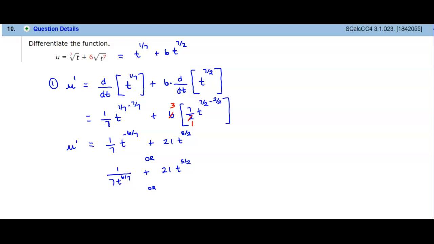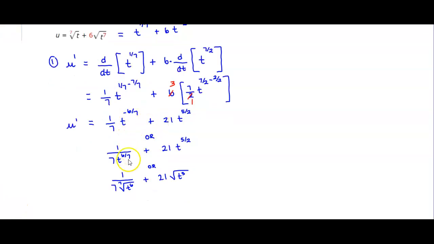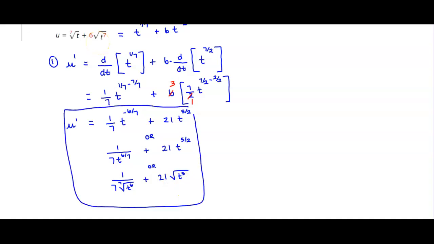So this would be 1 over 7 times the 7th root of t to the 6th plus 21 times the square root of t to the 5th power. So again, we want to make sure that we know how to write this in all these 3 different ways, and since it starts out in radical form, then you probably want to finish in radical form. But these are all the derivative of that function.